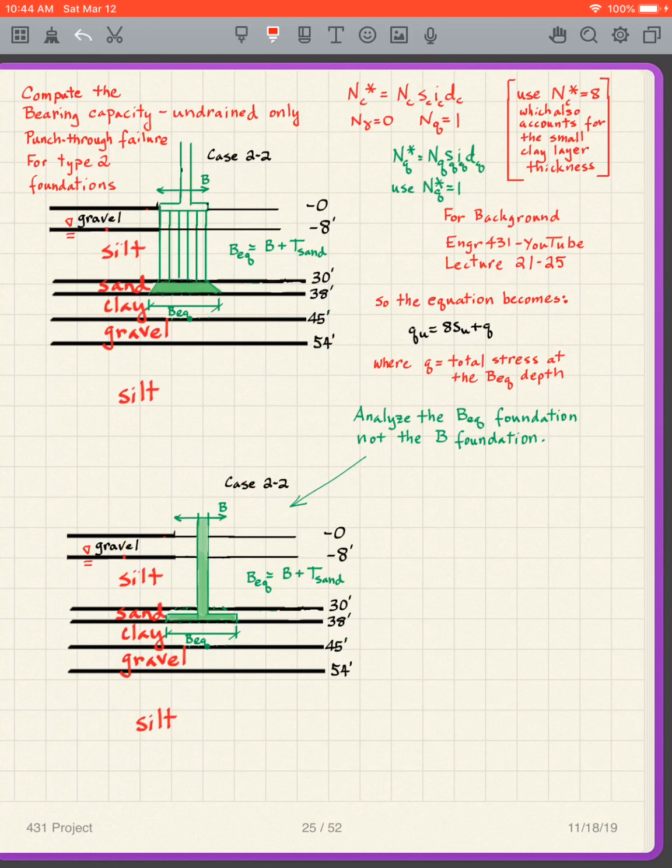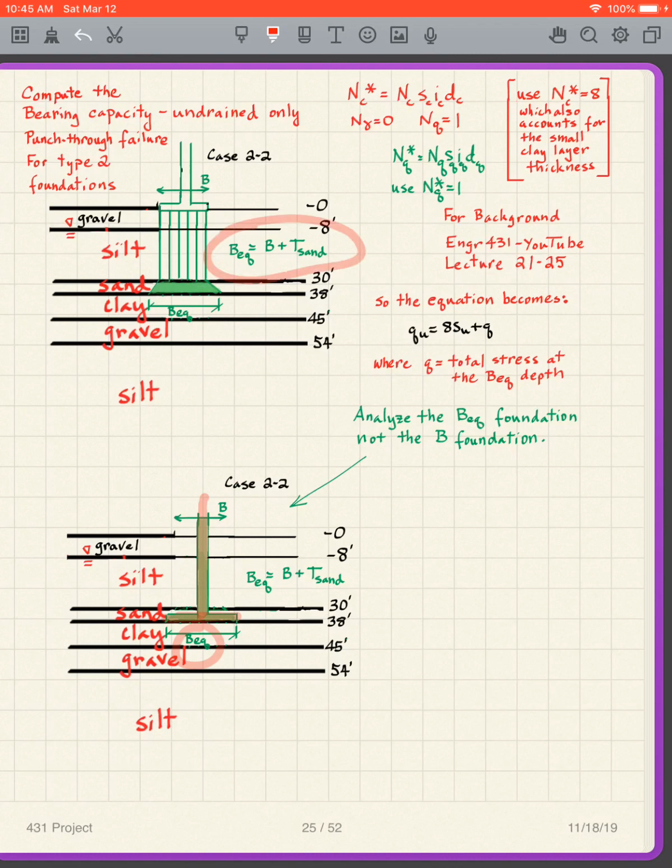So in other words, we're assuming that this region of the sand punches out, but this acts as a unit, and the end result is that we have something equivalent to a foundation coming all the way down to the bottom of the sand, to the top of the clay, and it has a width of B equivalent.